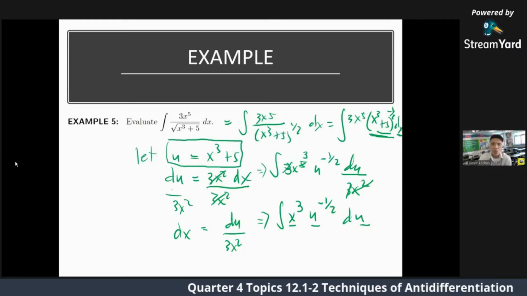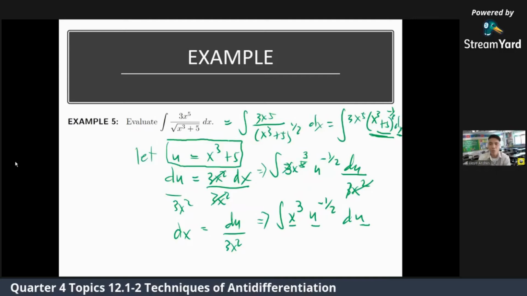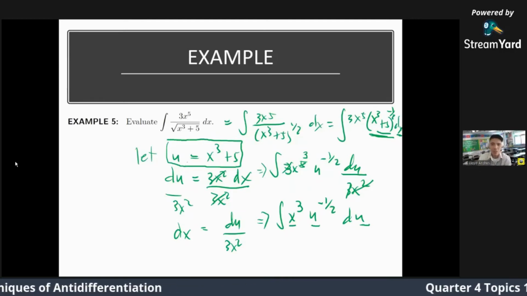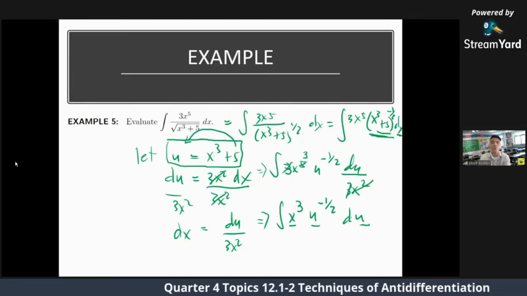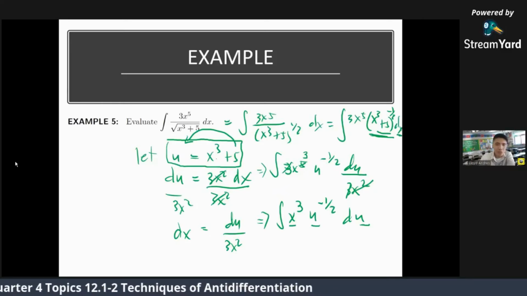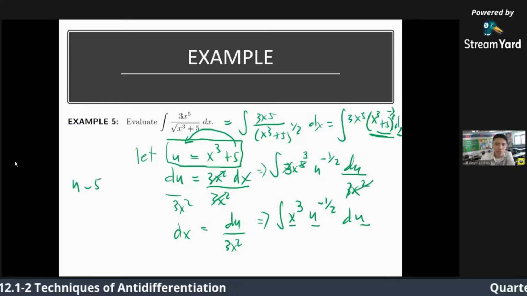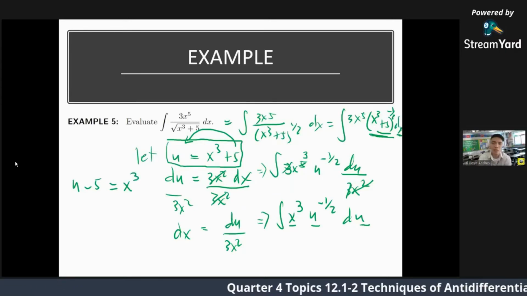Recall to atong gilet. Pwede ta dito magbase. So u is equivalent to x raised to 3 plus 5. Pwede na to i-isolate si x raised to 3. So kung kana i-isolate na to si x raised to 3, meaning ibalhin na to si 5 sa pikas by addition property of equality. So meaning si u minus 5 just equivalent to x raised to 3.